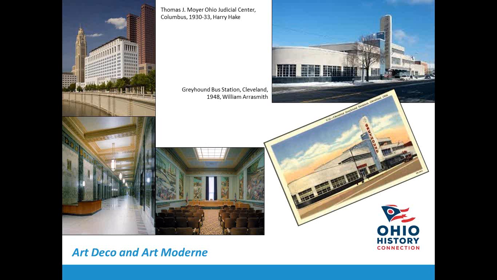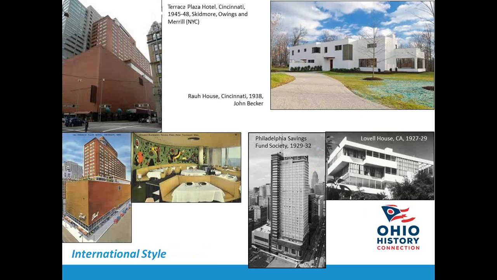So what comes next? The much more radical modernism, where it's completely breaking from the past. Designs are dominated by European design theories, and the old order of historicism is completely replaced by a new architecture, again, based on function, modern technology, abstract design.